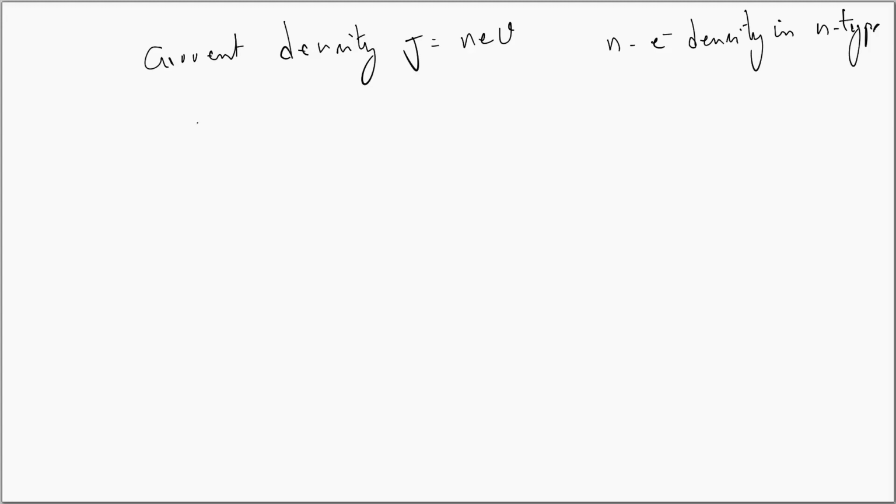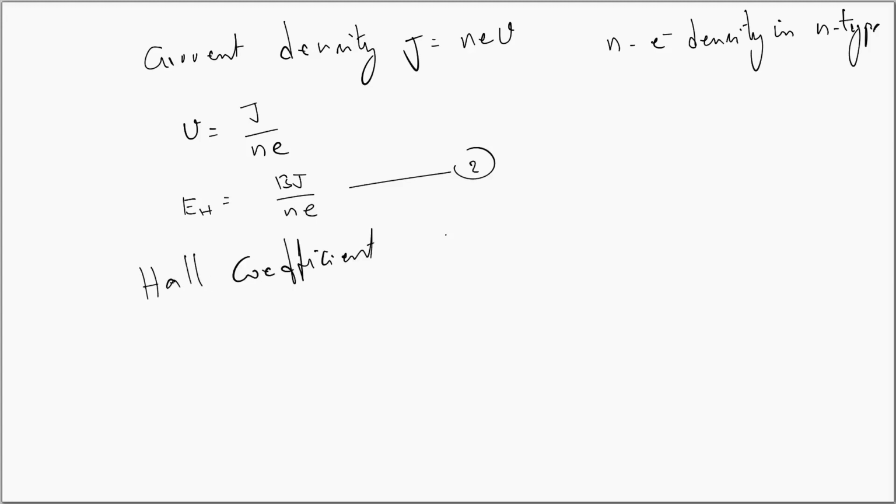Then from this, velocity v is equal to J by ne, and we'll substitute this in 1. We get EH is equal to BJ upon ne. We'll call this 2, and we'll introduce a quantity called the Hall coefficient, represented with RH, which is defined as RH is equal to 1 over ne.